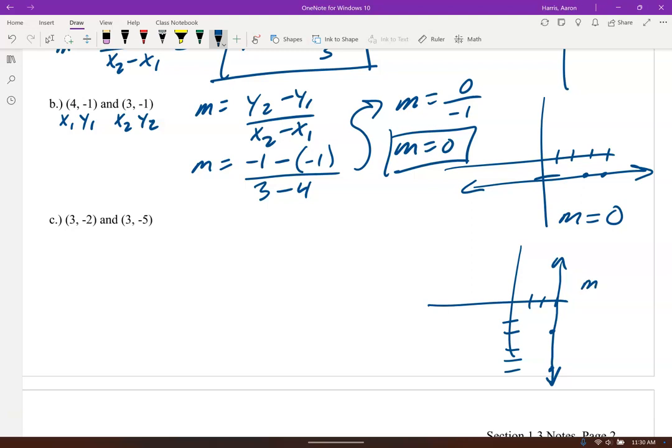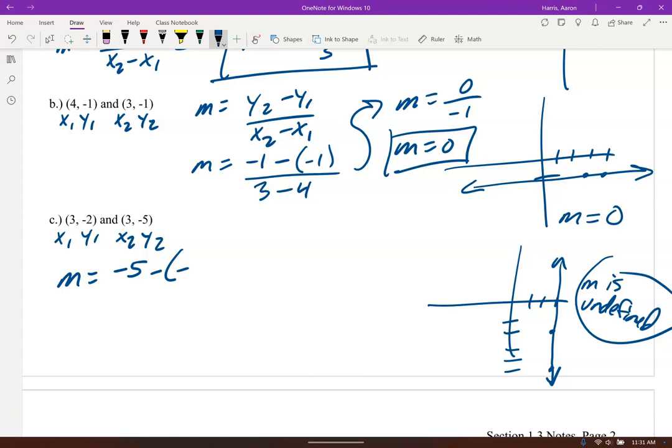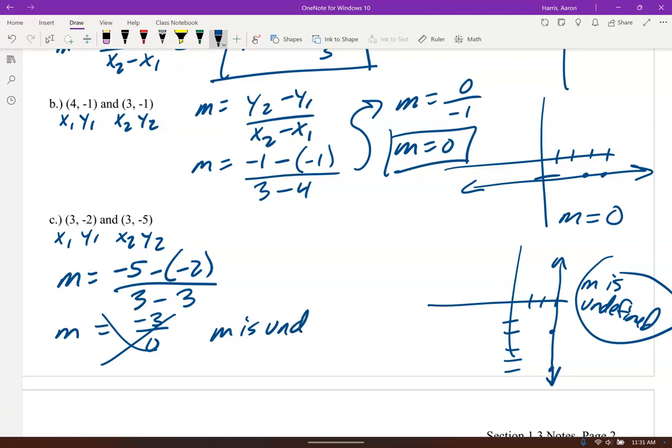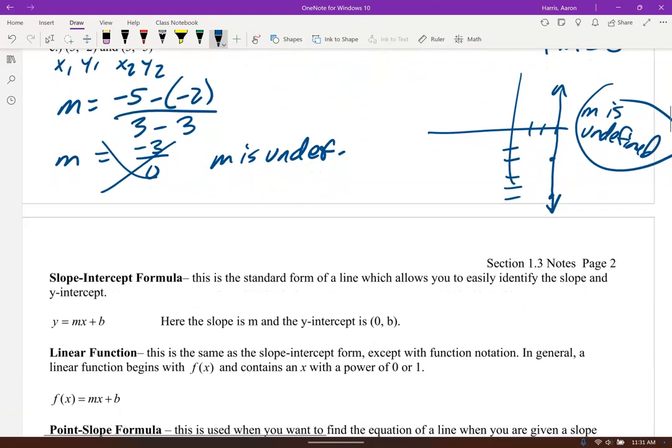Good. x1, y1, x2, y2, y2 minus y1 over x2 minus x1. Notice you got -5 plus 2, -3 over 0. Cannot divide by 0. Slope is undefined. So there's the algebraic look at that.